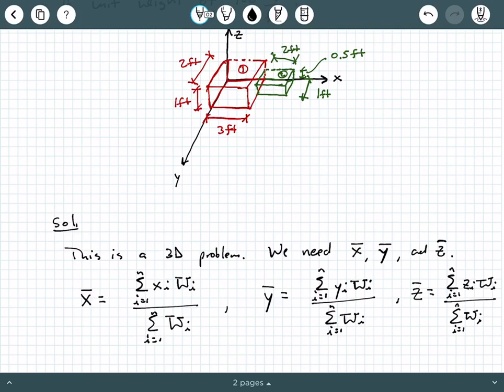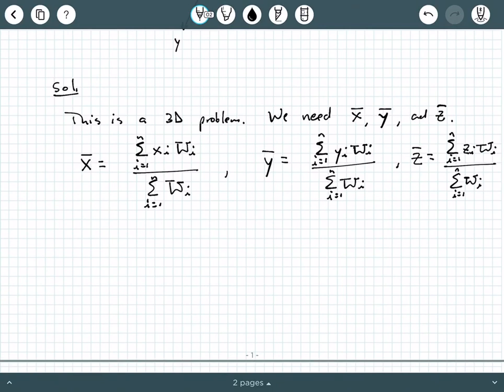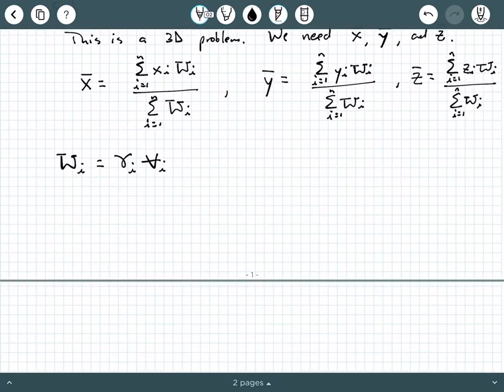We're basing this on weight this time, not just shape, area, or a line segment. If you remember from previous lecture notes and videos, w sub i is a weight, equal to the unit weight of a material, gamma sub i, times the volume of that particular piece.